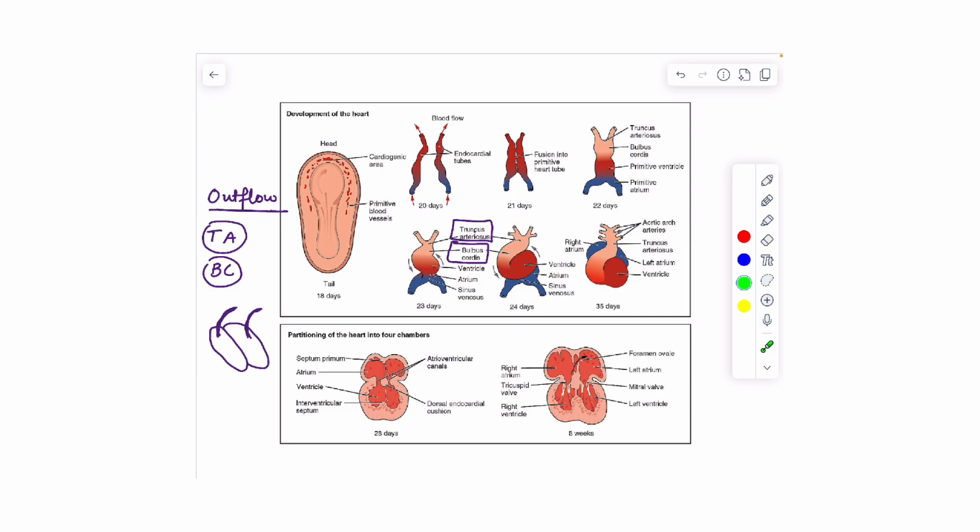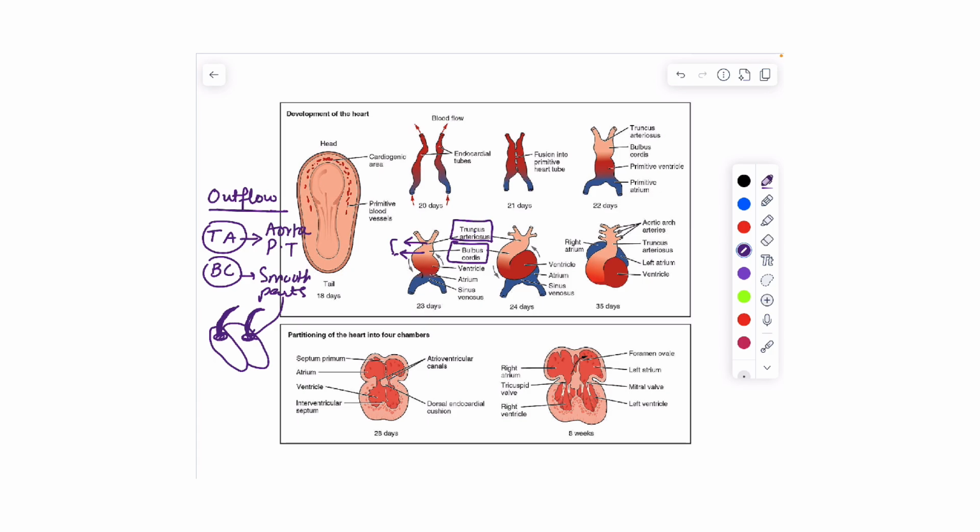So this bulbus cordis is going to give rise to the smooth parts of the ventricles. This region, right, from where these outflow tracts are going to emerge. This truncus arteriosus is going to give rise to the aorta and pulmonary trunk, right? So we have seen now that truncus arteriosus and bulbus cordis are going to form these structures.